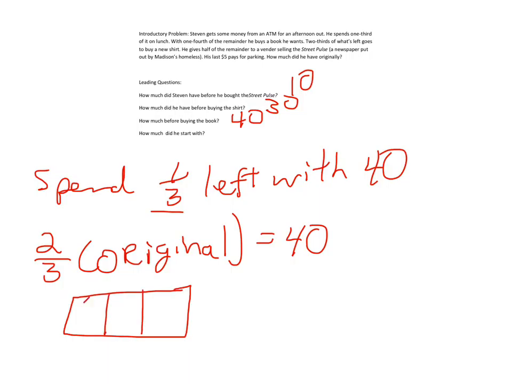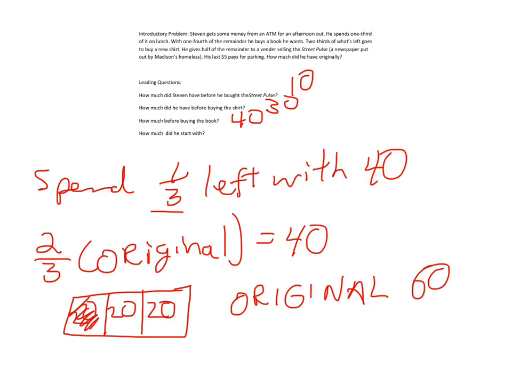Spent one of them on lunch, and the $40 is split between the other two, so each equal piece must be 20. So this one's 20, and original must be equal to 60. So I started with $60.